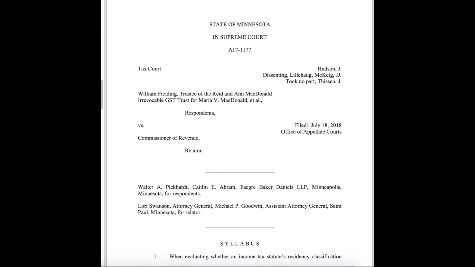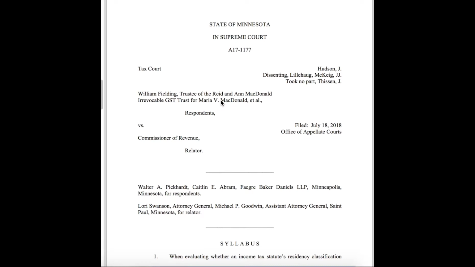Now let's get into this case of Fielding versus Minnesota. Let me first give you a small summary of what's happening here. The grantor of 4 individual trusts, Reed McDonald, was the active grantor and trustee of 4 trusts in Minnesota for 3 years, from 2009 to 2011.